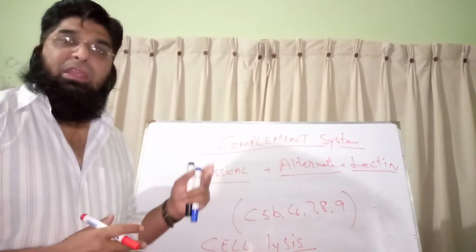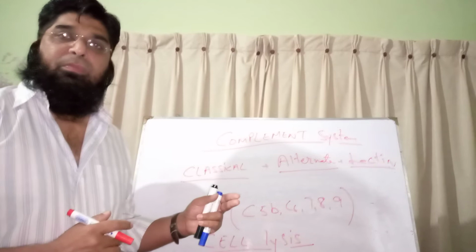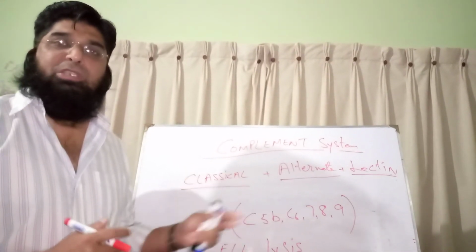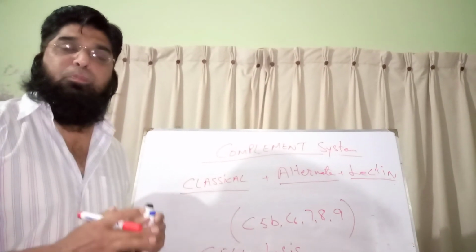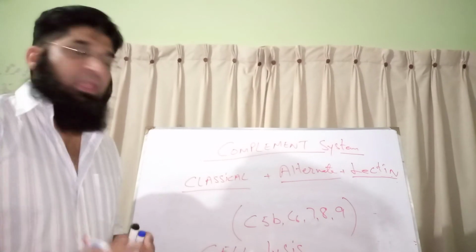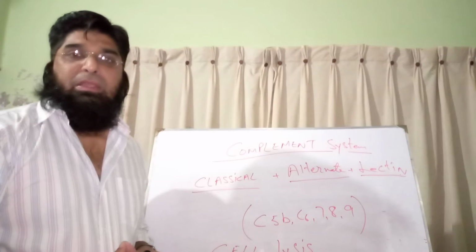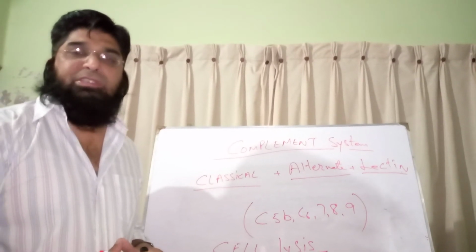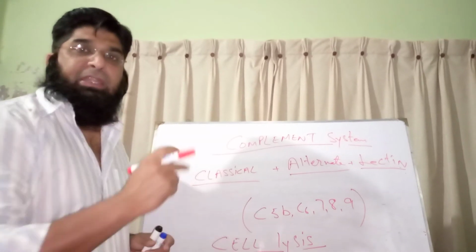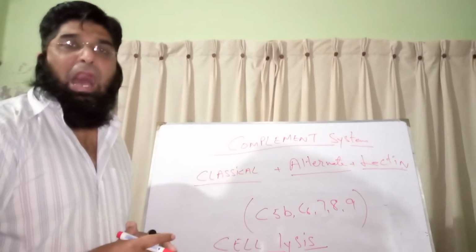When a donor's blood is transfused to the recipient without proper cross matching, the membrane attack complex is formed as a result of complement activation, and it causes breakdown of RBCs.